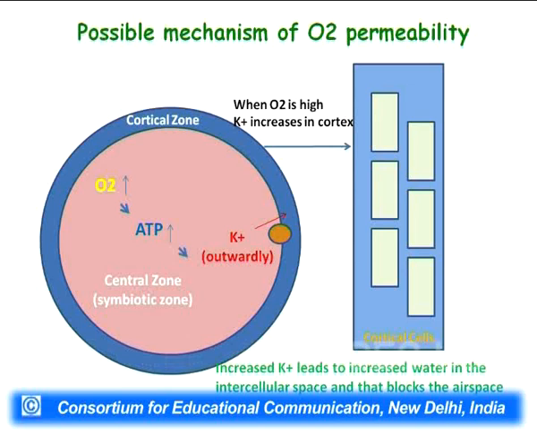So, when the guard cells need to close, they accumulate more potassium, that increases the water content and they become turgid. So, here similarly, when potassium level goes high, it absorbs water.